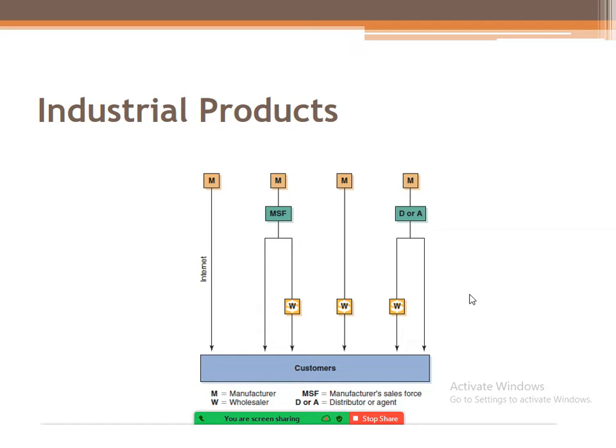Depending upon where you are selling or distributing your products, what type of products you are distributing, whether the product has a shelf life, whether it is perishable or you can keep it for a longer time, and where the consumers usually want those products.